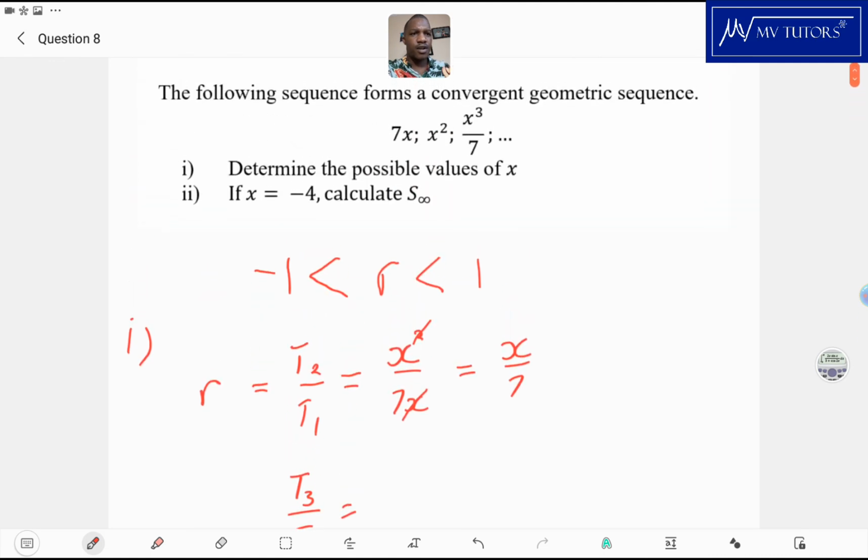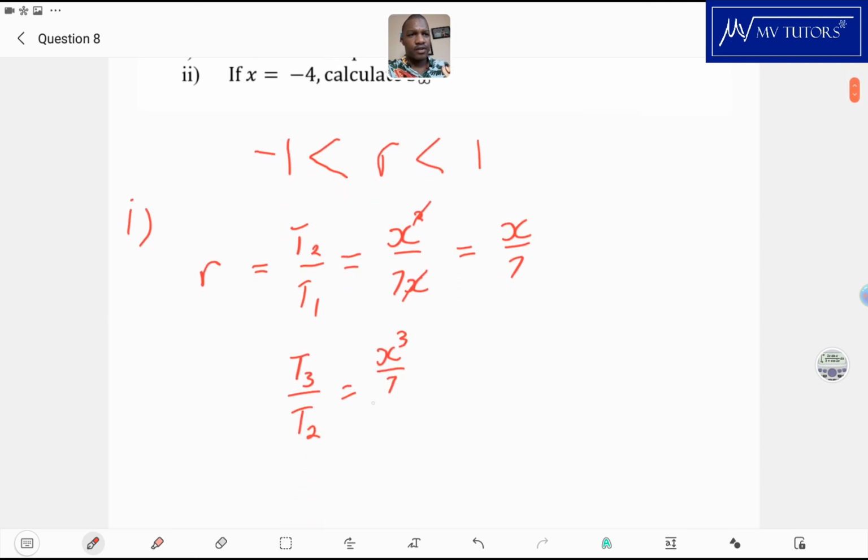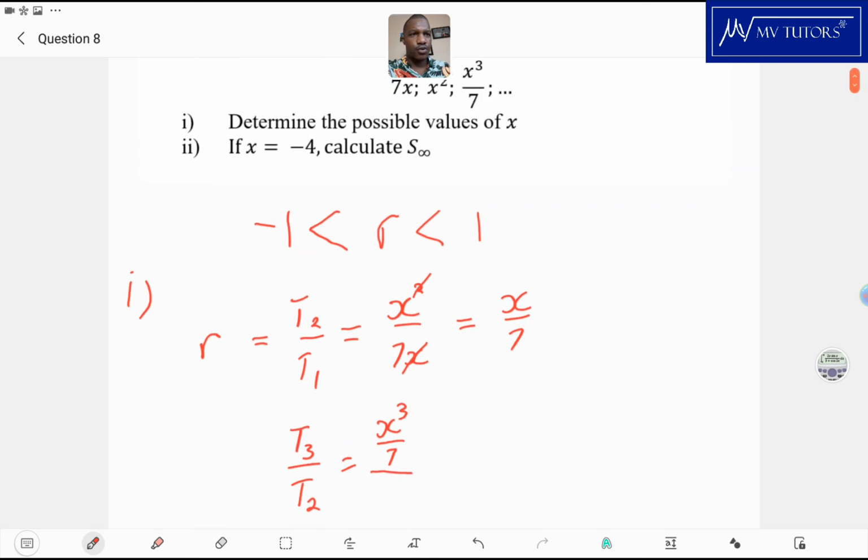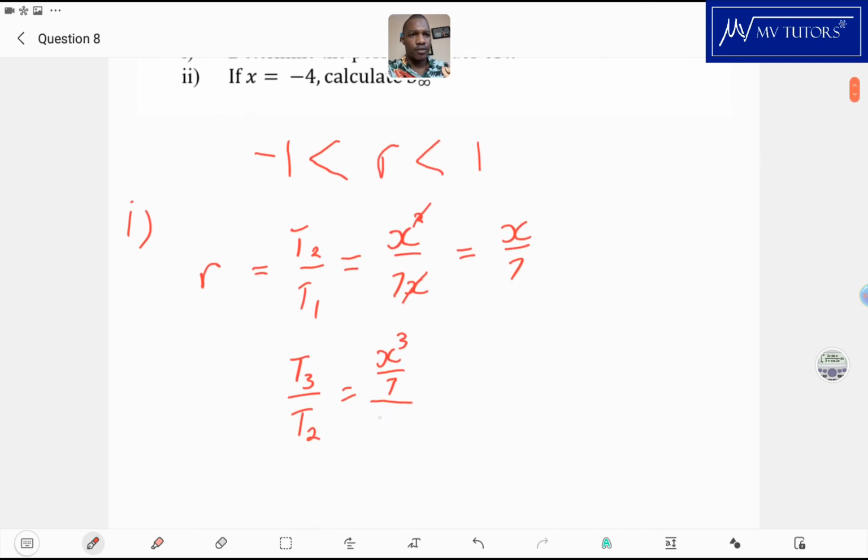Here, term 3 is x over 7, and then term 2 is x squared. Whenever I have this kind of situation over here, I like to just divide this one by 1, so that I have 4 things.